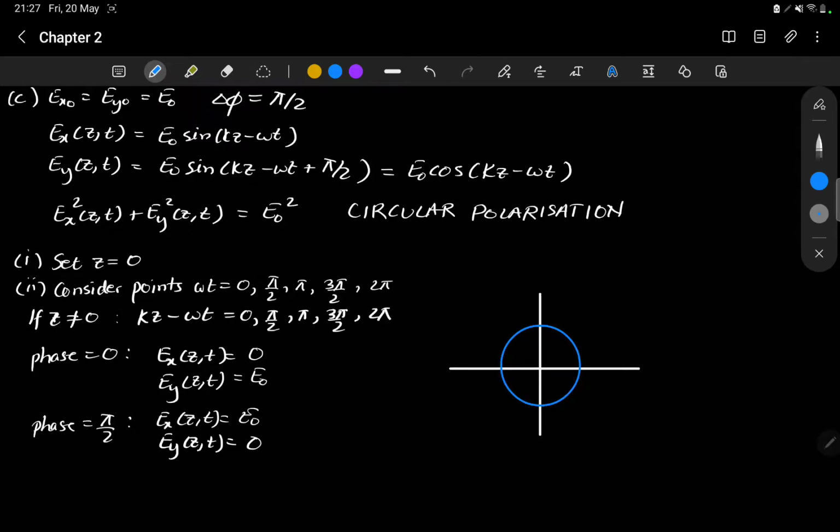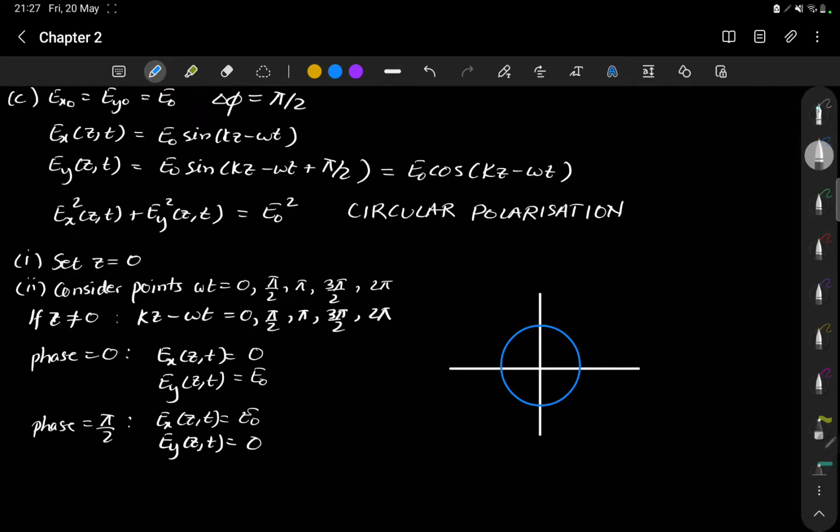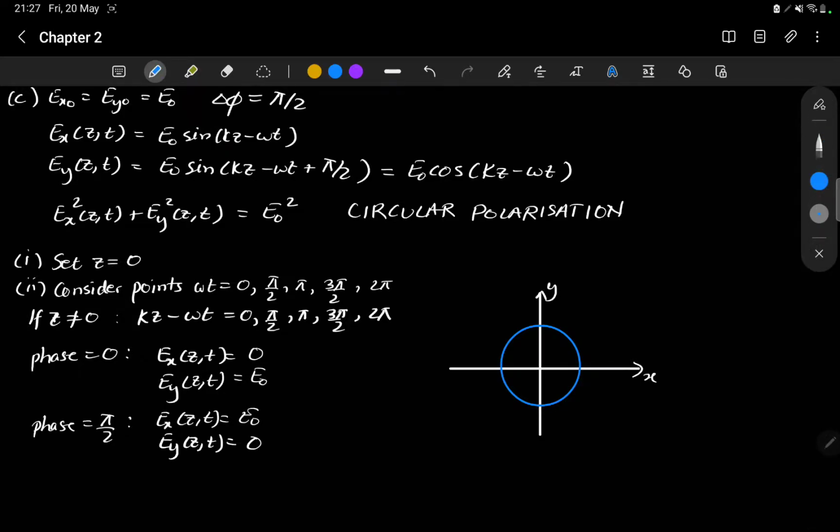So we know that at omega t equal to 0, we are starting at this point. So let us label the axes. This is x, this is y. So at 0 phase, we are over here. Then at pi by 2 phase, where do we go?